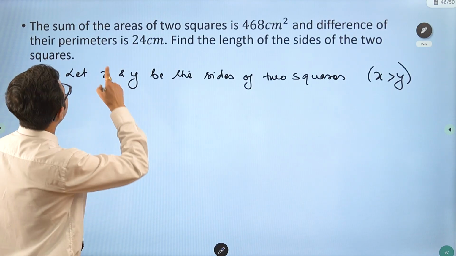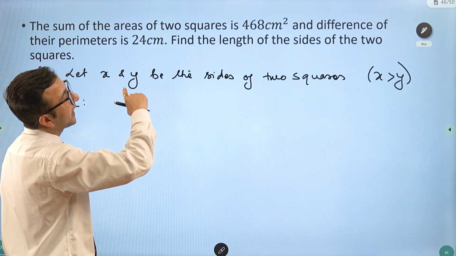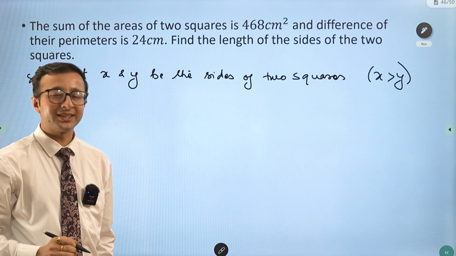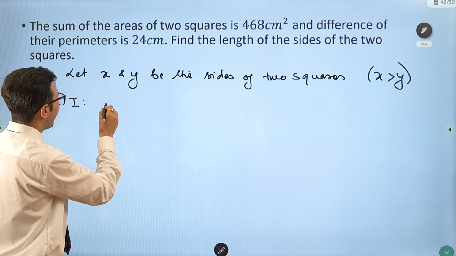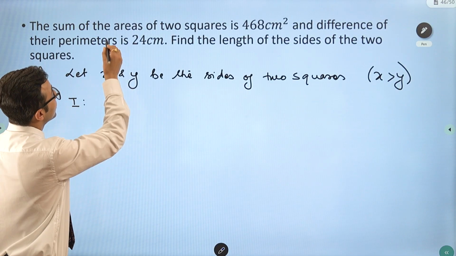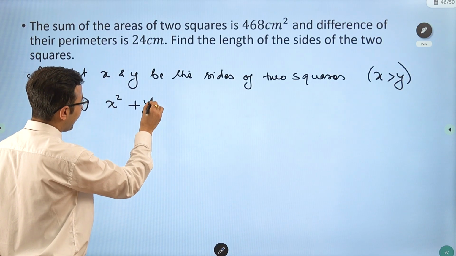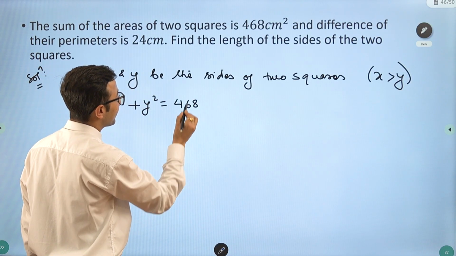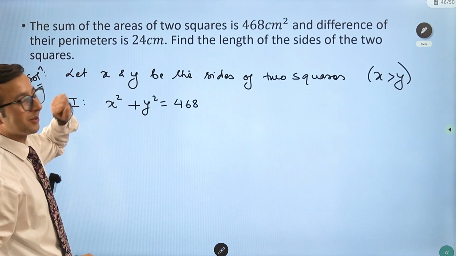So first, the sum of the areas of two squares: you know that the area of a square is side square or side into side. If x is one of the sides, the area will be x square. And sum means we have to add. And the area of the other square is y square. And this is equal to 468. So it gives us one of the equations. And second is the difference of their perimeters.